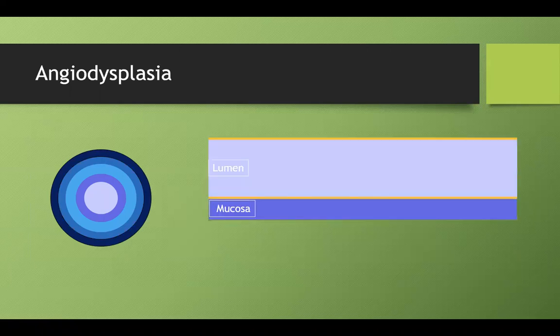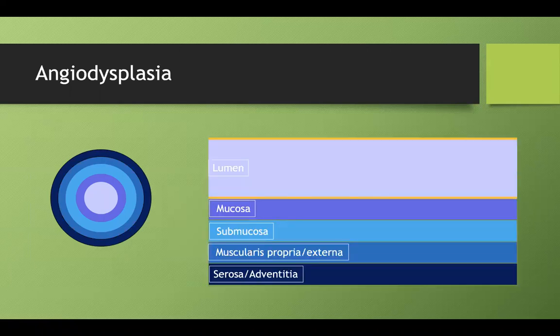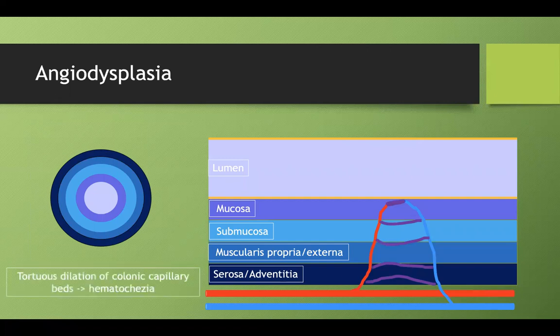We have our lumen, mucosa, submucosa, muscular layer, and serosa. In this format, we have capillaries and veins, and they're going to extend all the way to the mucosa, and the vein will come all the way back down. And then you have connections between the two.